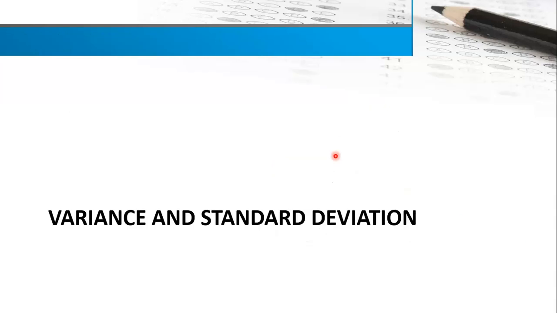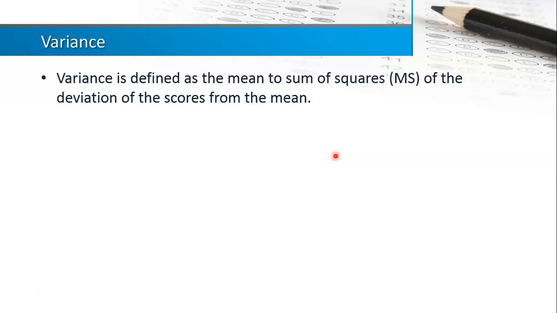Okay, so I'm going to only discuss variance and standard deviation, because these measures of variability are the most commonly used in interpretation. So what is variance?